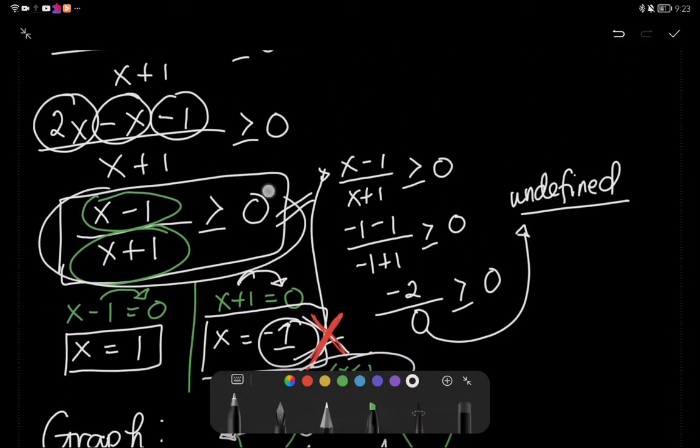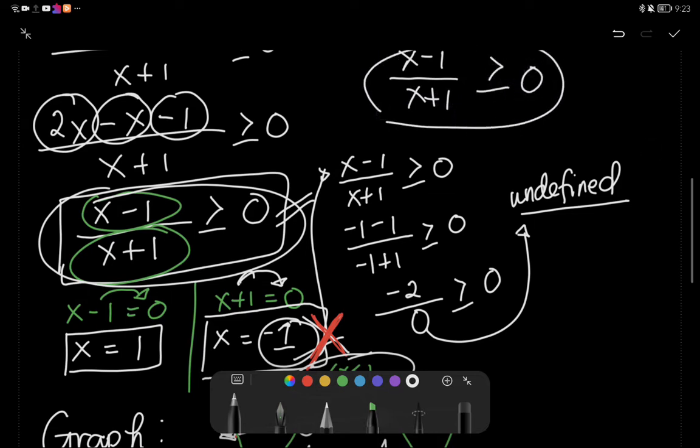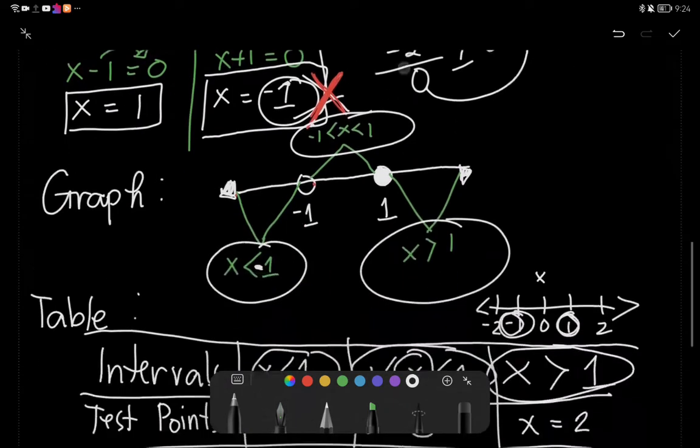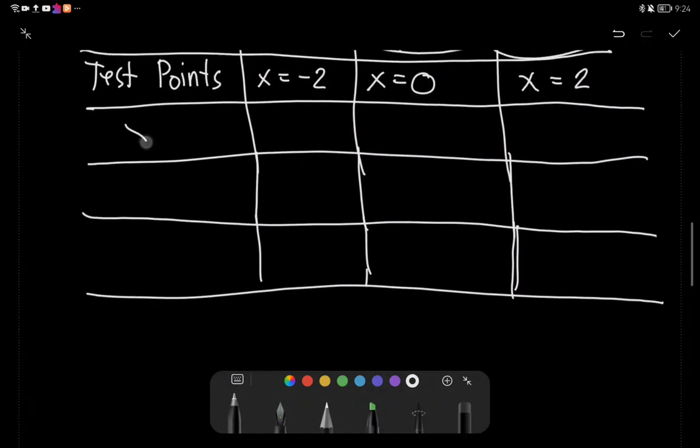Kani, si x minus 1 over x plus 1 is greater than or equal to 0. Mao man niya itong inequality. So, ibutang si x minus 1 and x plus 1, and silang duha.